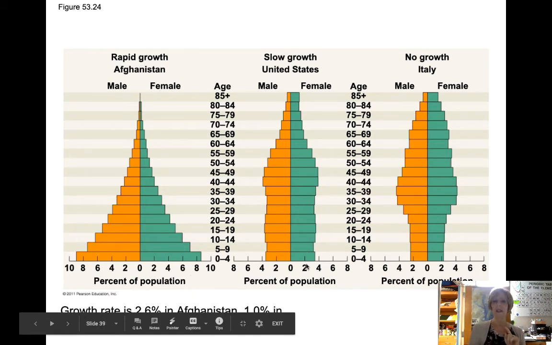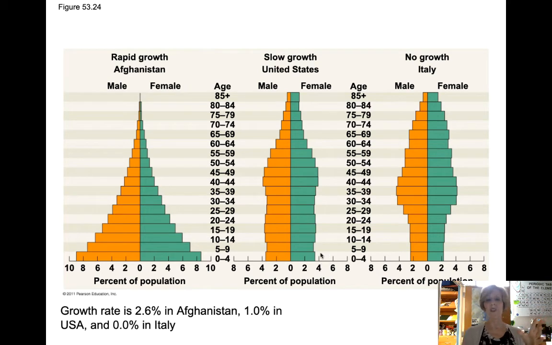You look at the United States, it has a slow growth, and we have a more stable, older population, not as young as Afghanistan here, but we still have a slow growth rate. Ours is about 1%. And then you look at a country like Italy that has a very low number of young people in the reproductive ages, and they actually have a zero growth rate.